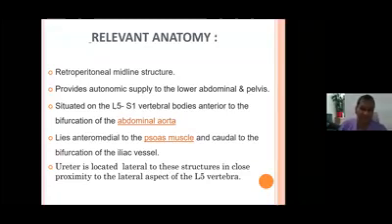It is situated at the L4-S1 vertebrae, anterior to the bifurcation of the abdominal aorta. This is the main site of the hypogastric nerve.